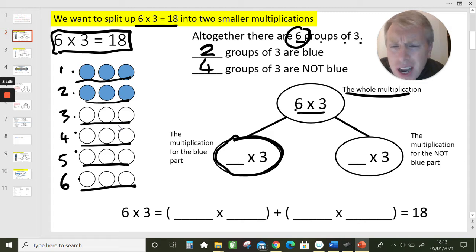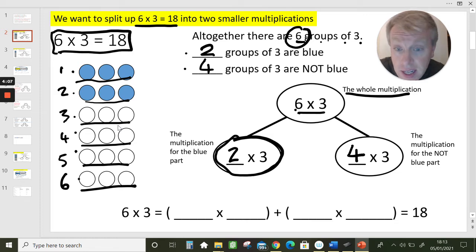Now, how many of the groups of 3 are blue? Well, 2 groups of 3. 2 times 3 is blue. And on the other side, 4 groups of 3 are not. Look, we've really just taken this, 2 groups of 3, 4 groups of 3. We've written it here, 2 3s and 4 3s. So we split 6 times 3 into 2 times 3 and 4 times 3.